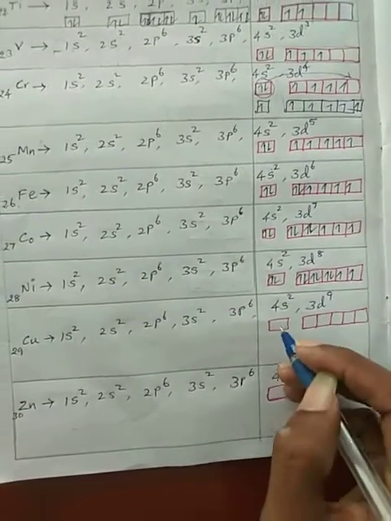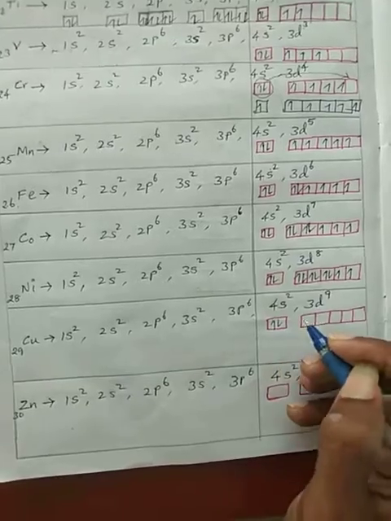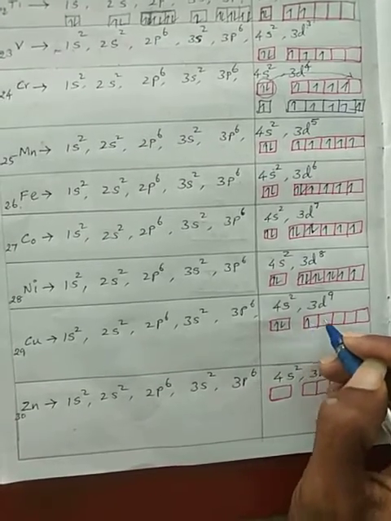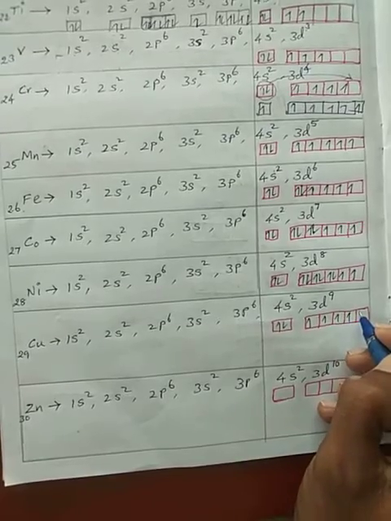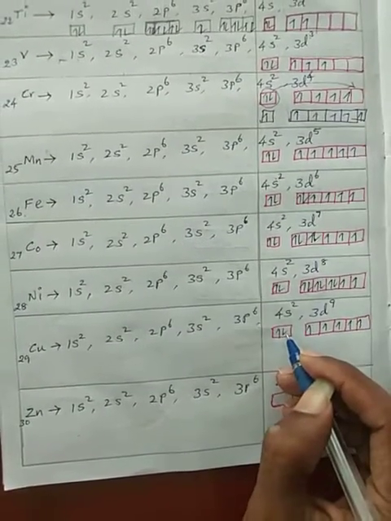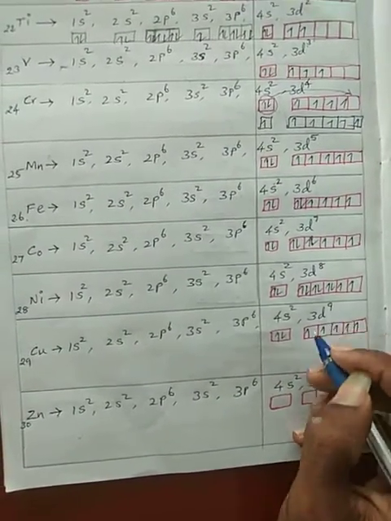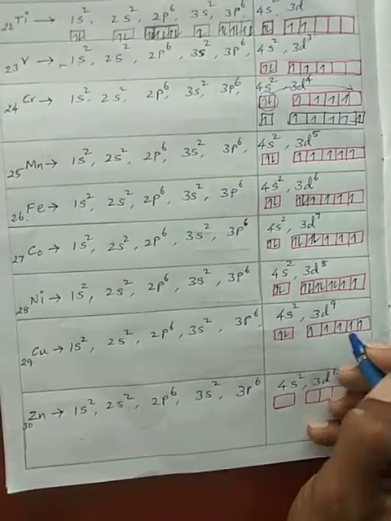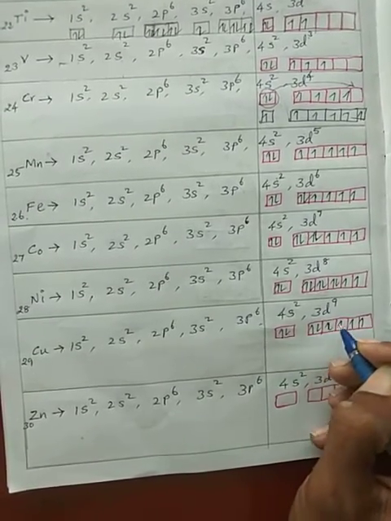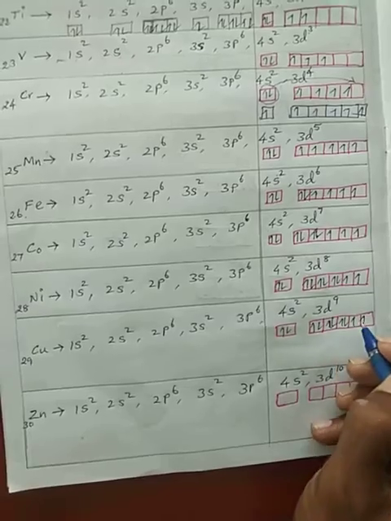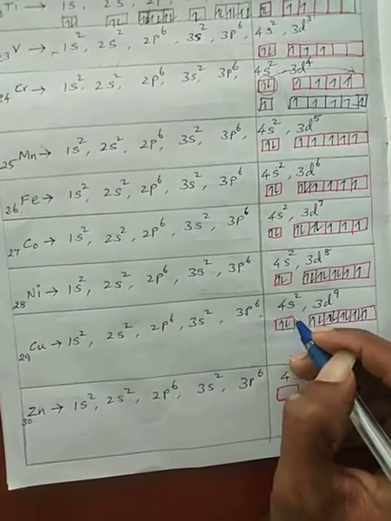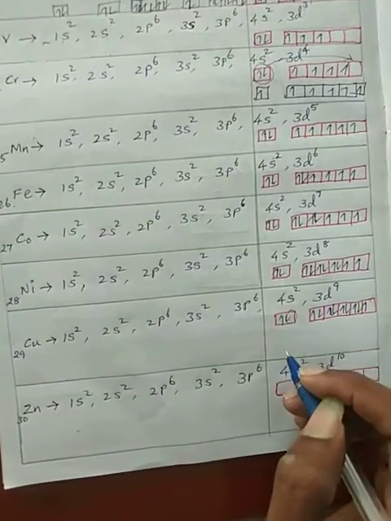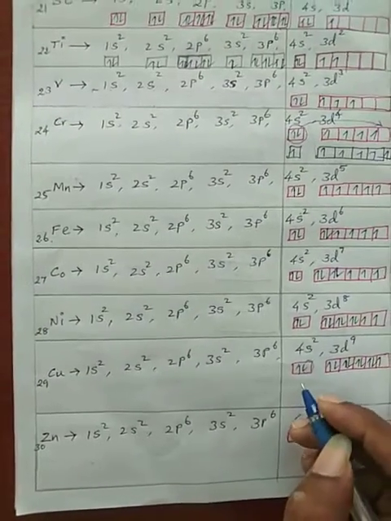Next copper has 2 possibilities. What are the possibilities for copper? 3d9 with 4s2 completely filled: up to 20 is 4s2, the balance is 9, so half-filled 25, 26, 27, 28, 29. For a completely filled subshell, one electron moves to the d orbital, crossing an energy barrier.